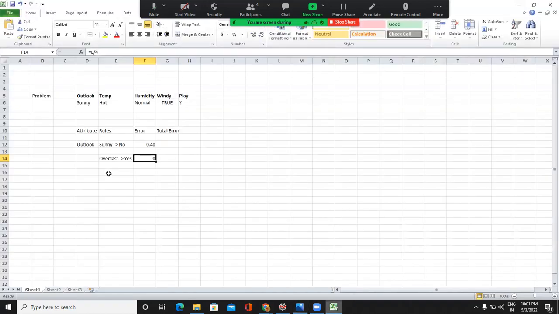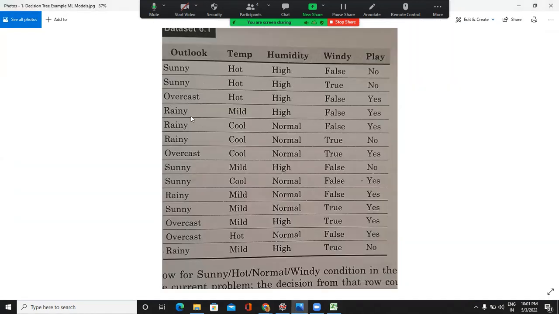So in Outlook itself, we are considering just one feature right now. We are doing all this to first decide the root node where the decision tree will start. So let us see rainy, how does it look? Rainy, yes, rainy, yes, rainy, no. Then this is the 4th rainy, yes, 5th rainy, no. So rainy is more yes.